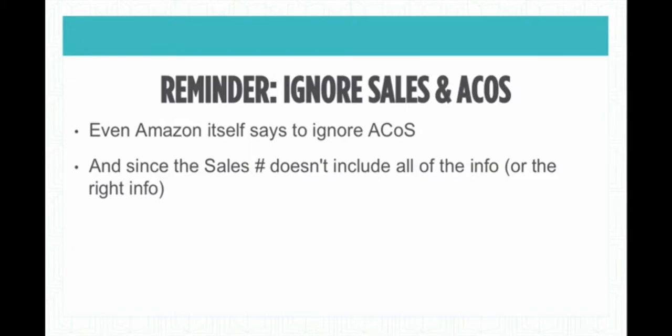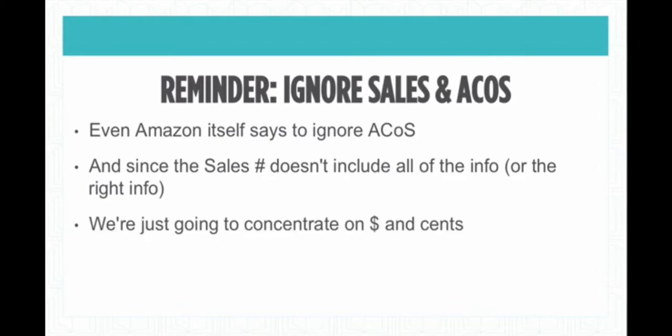The sales number doesn't include all of the info, like Kindle Unlimited pages read, or the right info, it includes the gross sales instead of the net sales, or even some of the sales that came in from the ad due to the poor tracking. We're just going to concentrate on dollars and cents.